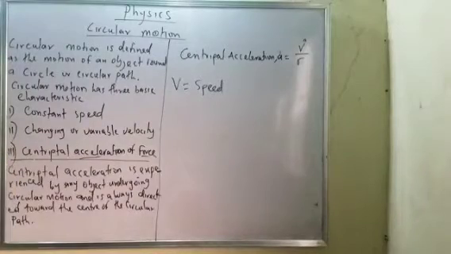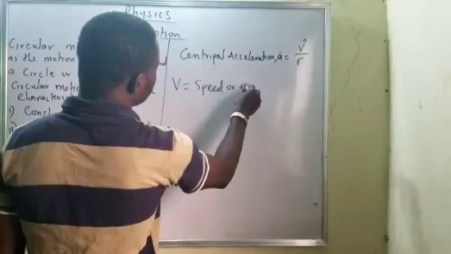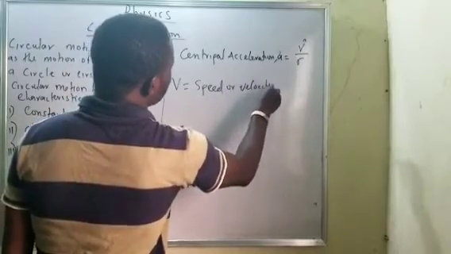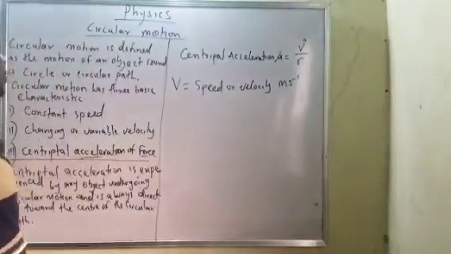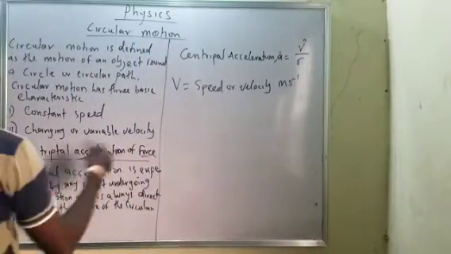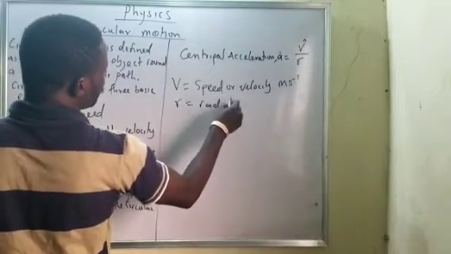It means this velocity also equals speed. And when we talk about speed, or acceleration, or velocity, we are always in meters per second. Also, R is always my radius. We know what radius is.